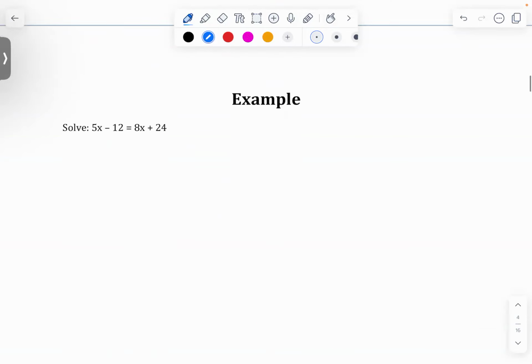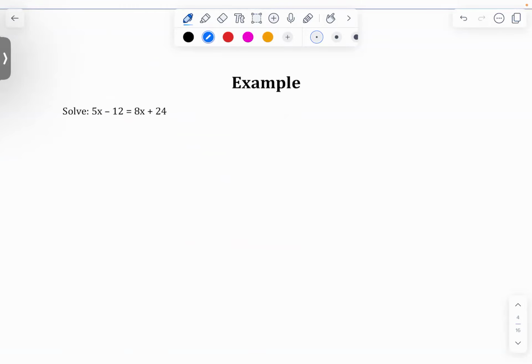So again, additionally, if I have variables on both sides, right, the whole point of algebra is getting all the variables to one side, all the numbers to the other, and I can do multiple steps at a time, right? So I have variables and numbers. I'm going to get the variables to the left side just because that's what we're most used to. So I'm going to subtract 8x from both sides.